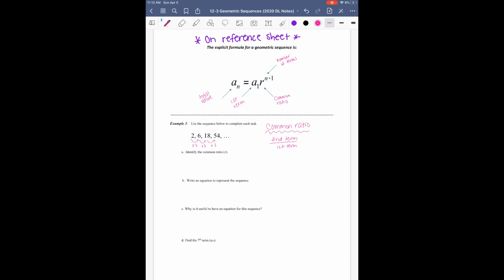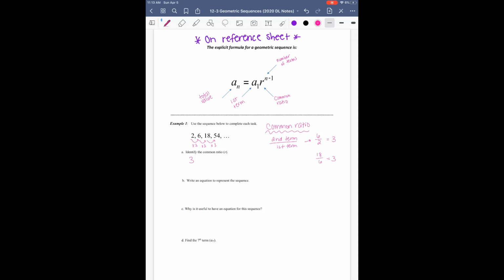So you could do the third term divided by the second term, the fourth term divided by the third term, and so on, just to check your work. So if we check that out, we're going to have 6 divided by 2 is 3, right? My second term is 6 divided by my first term of 2, and our common ratio is 3. If you want to check to make sure that's right, you could do the third term divided by the second term. So let's try. 18 divided by 6 is 3. So the ratio of the terms is the same each time, so our common ratio is 3.